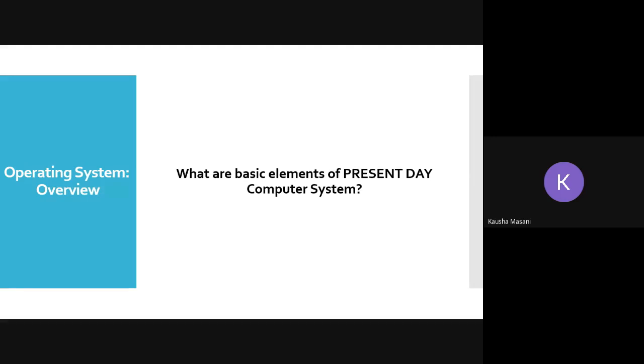Now, if I want to categorize them, all of you are right. Processors, system buses and all. All of you are correct. Everyone. But if I want to categorize them, like these computers, RAM, GUI, I can categorize them into one section. So if I want to do that, how can I do that?